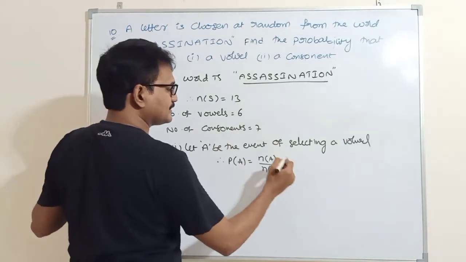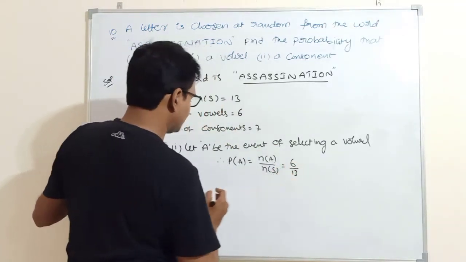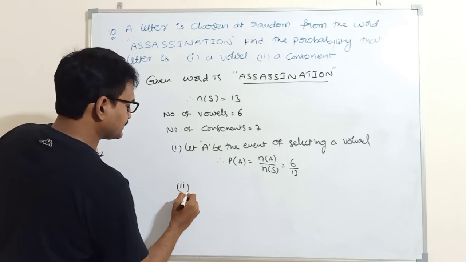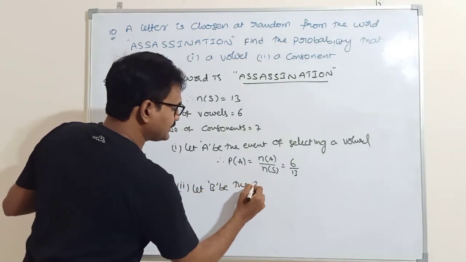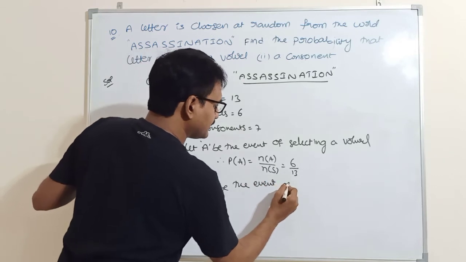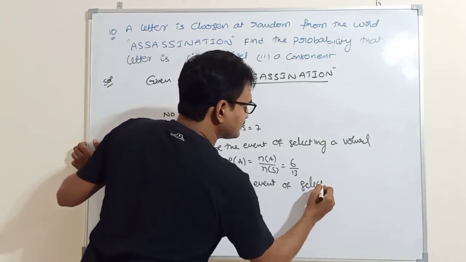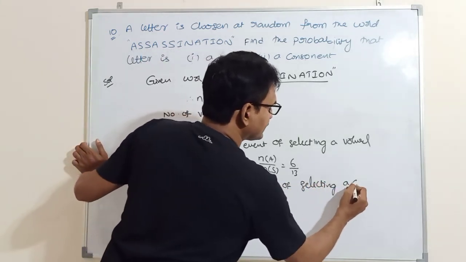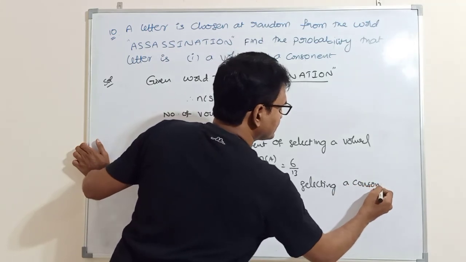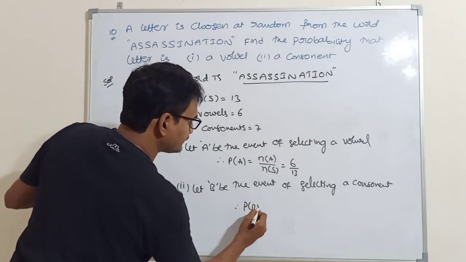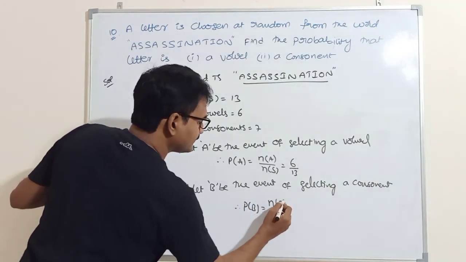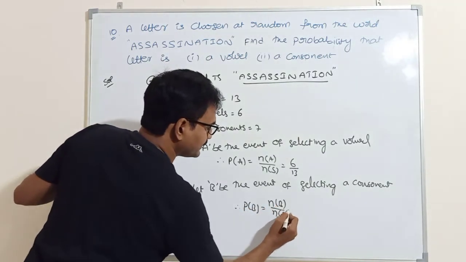The number of vowels is 6 out of 13. Next, second question: let B be the event of selecting a consonant. Therefore P of B is equal to N of B by N of S, which is 7 by 13.